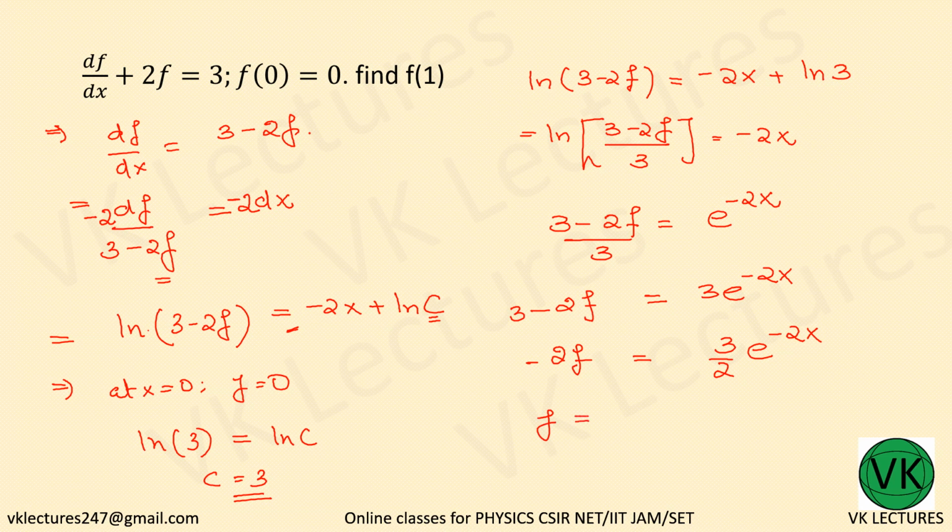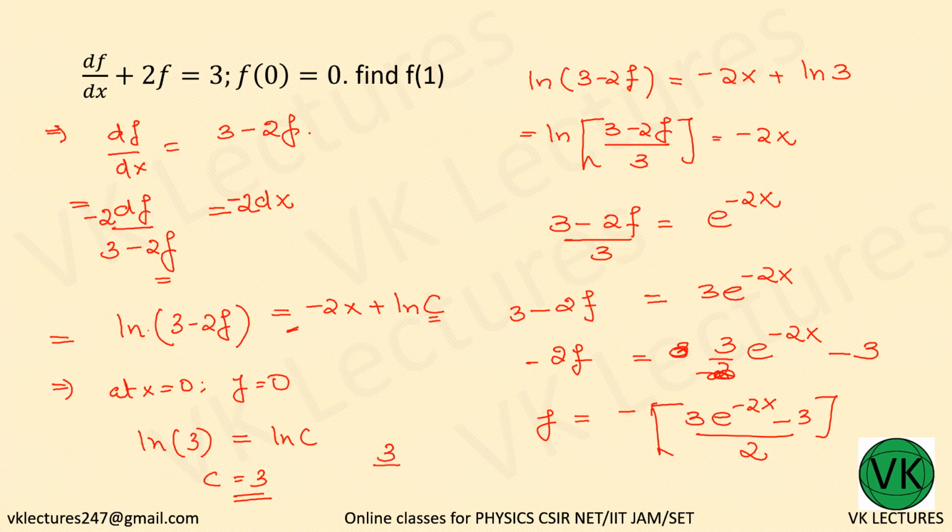F is equal to 3 e to the power minus 2x minus 3 would come, then minus f is equal to minus of 3 e to the power minus 2x minus 3 divided by 2, and this you can rearrange.